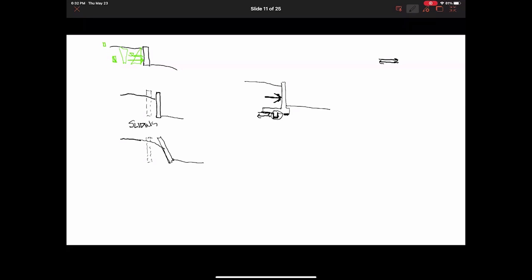The way we deal with that is generally we have to find a way to get the water around to the other side of the wall. Water, as you know, will work its way downhill.